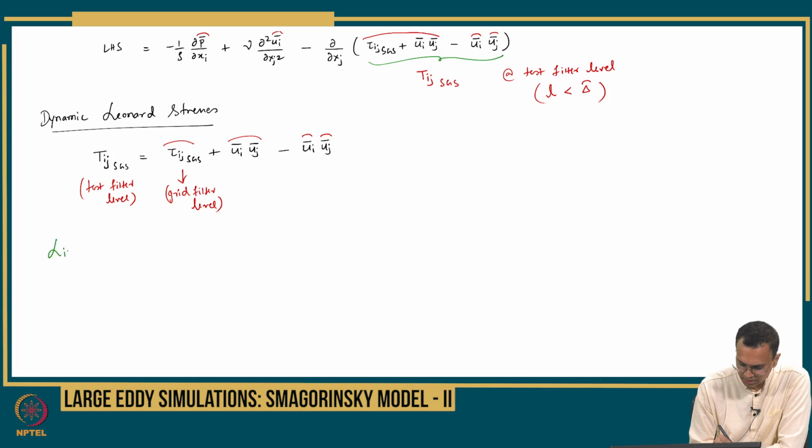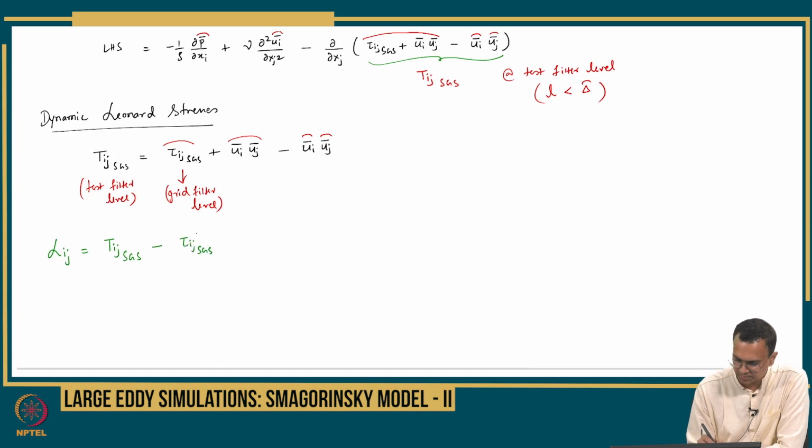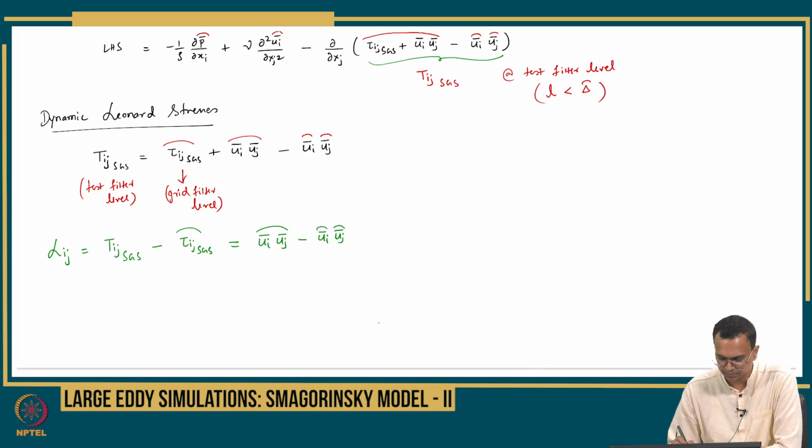So Lij is nothing but Tij SGS minus tau ij SGS test filtered, okay, which is equal to UI grid filtered, UJ grid filtered, test filtering, minus UI bar, UJ bar, test filter.